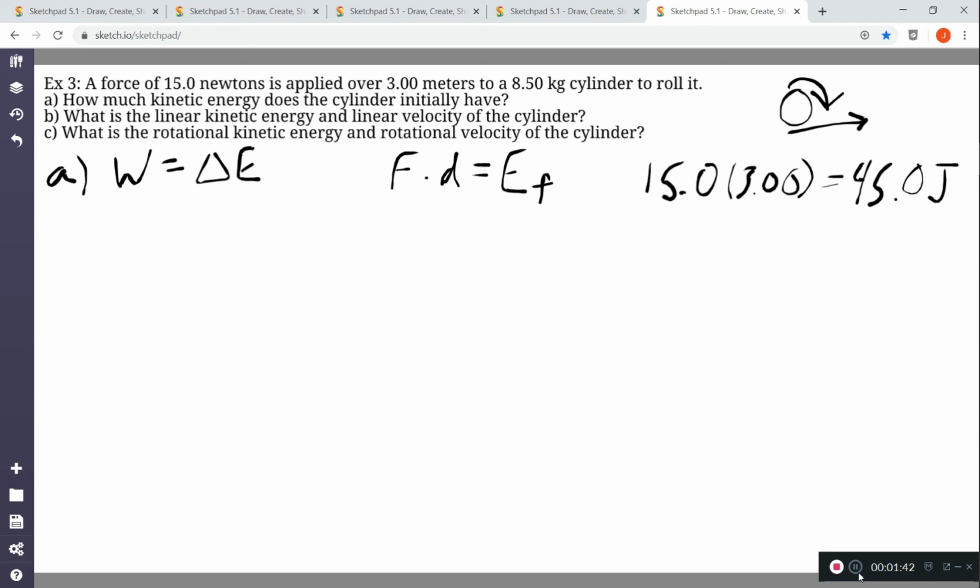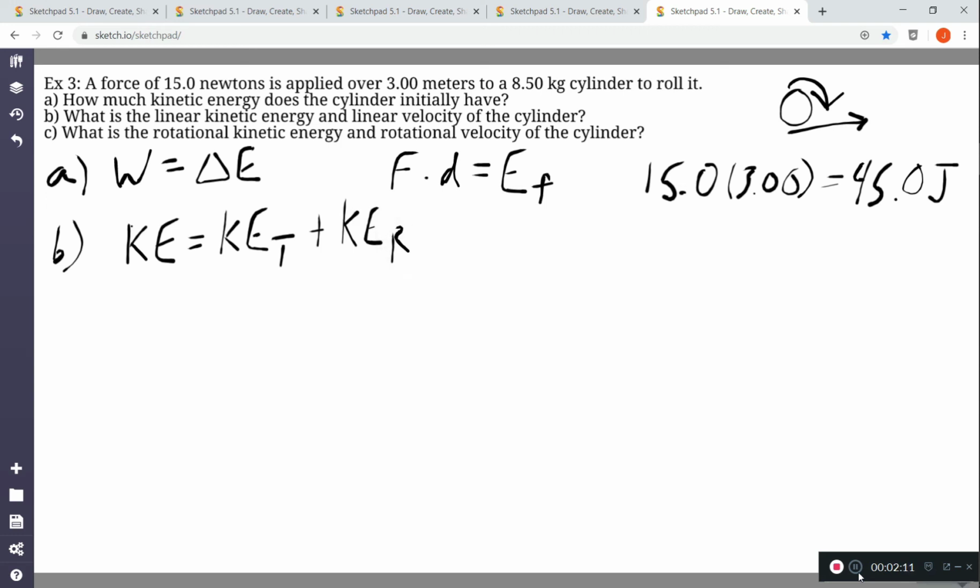All right. Some of that is linear and some of that's rotational. So we have to figure out how much. The first thing we're going to do, and we're going to solve B and C at the same time, is we need to know that our total kinetic energy is going to be equal to our translational, which is linear kinetic energy, plus our rotational kinetic energy.